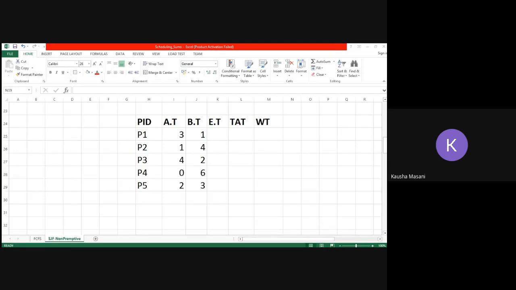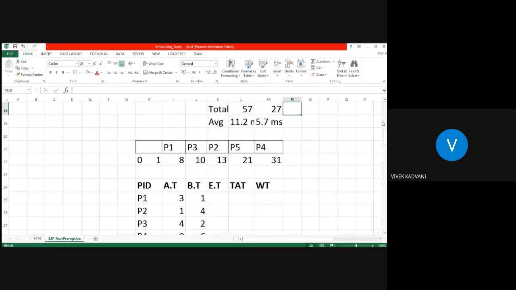Last example, average answer is 11.4, maybe. Or in waiting also, 5.4. Okay. Now do this one.